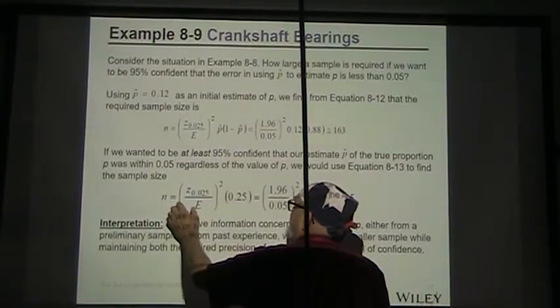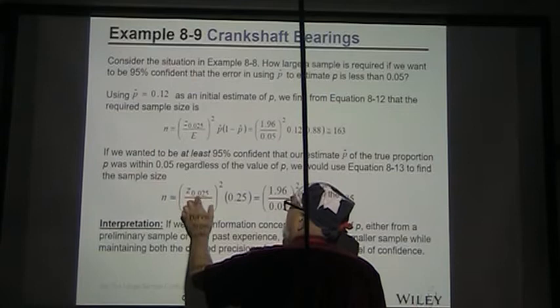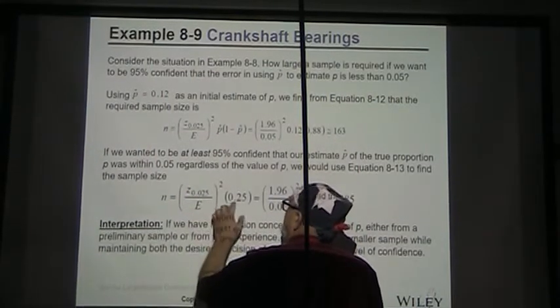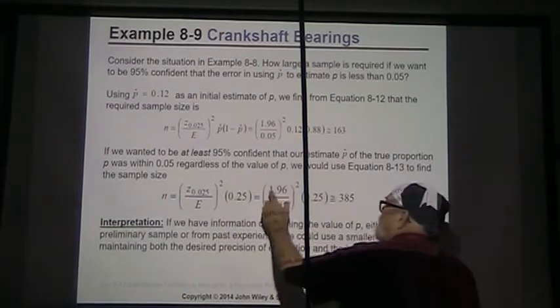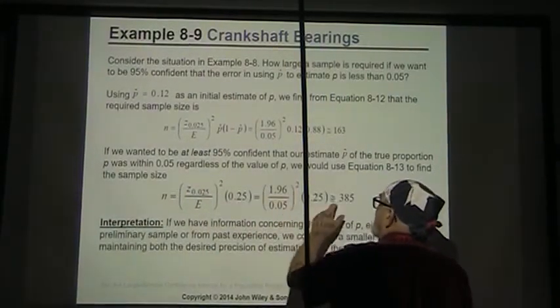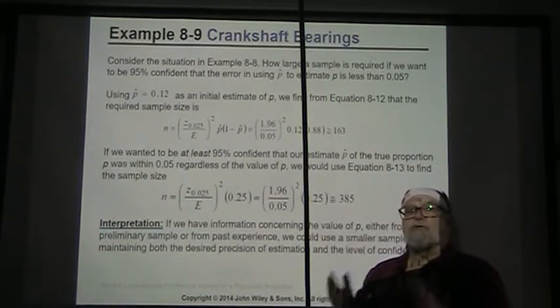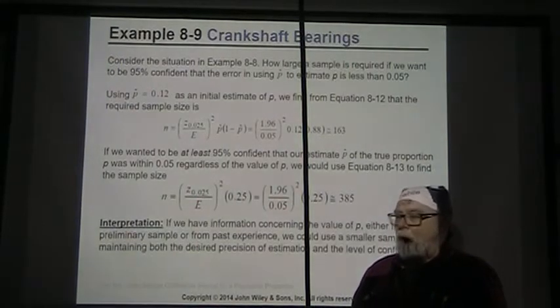So n equals the squared quantity of z of 0.025 divided by e times 0.25. We substitute in our numbers again, and we get that we have to have a sample size of 385. Wow!